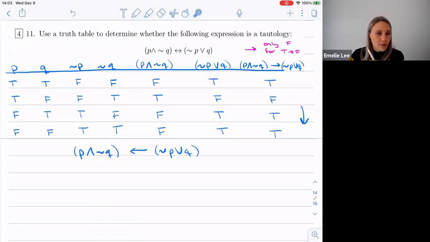Okay, looking at that first one, a little bit different. I did do that. P implies Q, if and only if not P and not Q. I did jump straight to it.